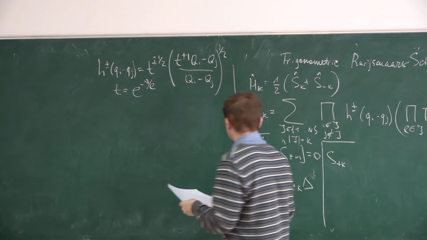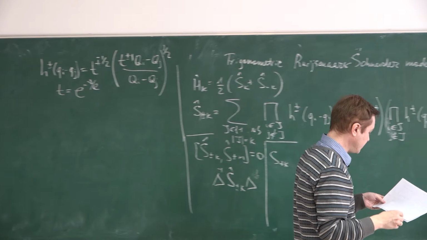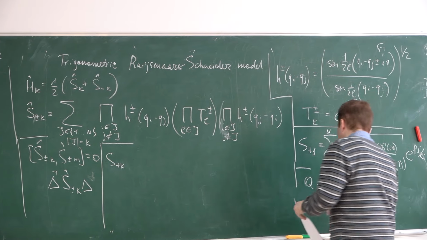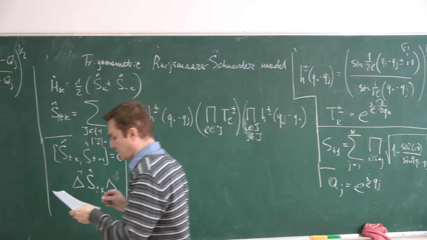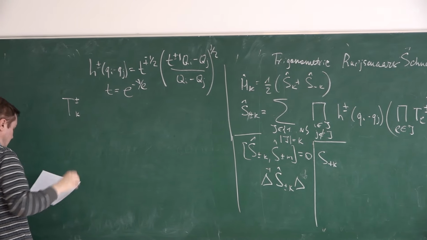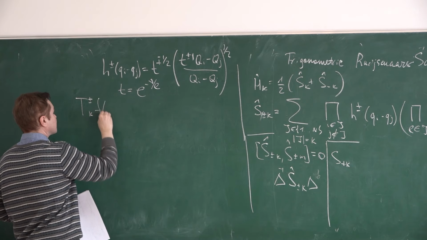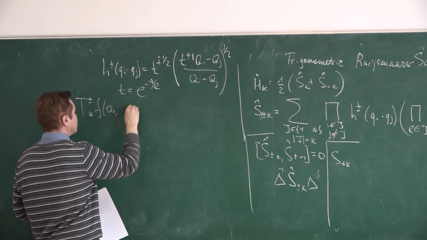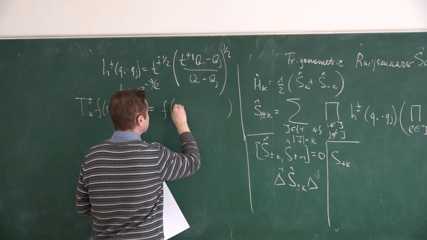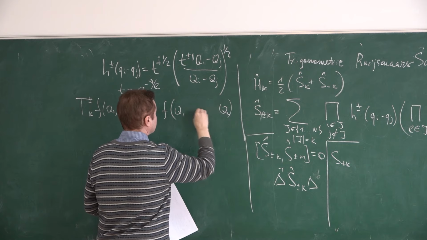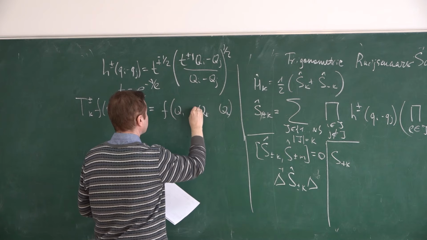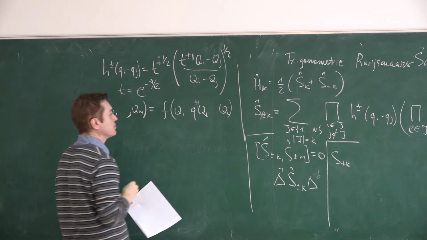The shift operator in these coordinates just multiplies the corresponding Q, so let us write it also t plus minus k acting on some function of Q large: it multiplies the k-th coordinate by t in plus minus power.